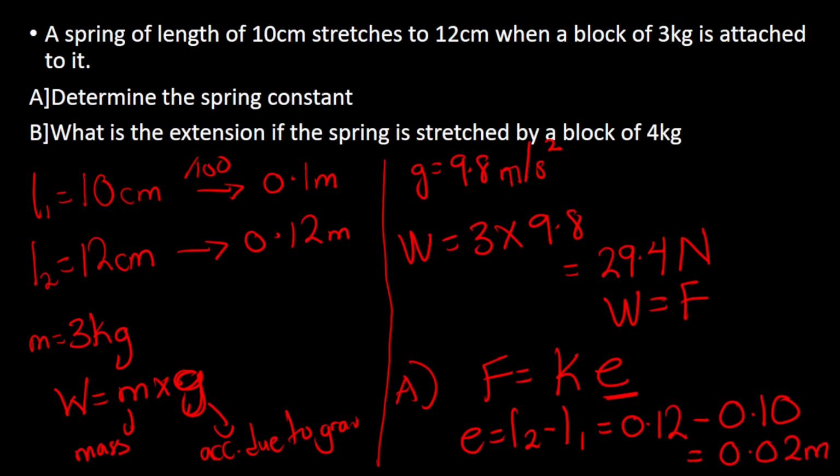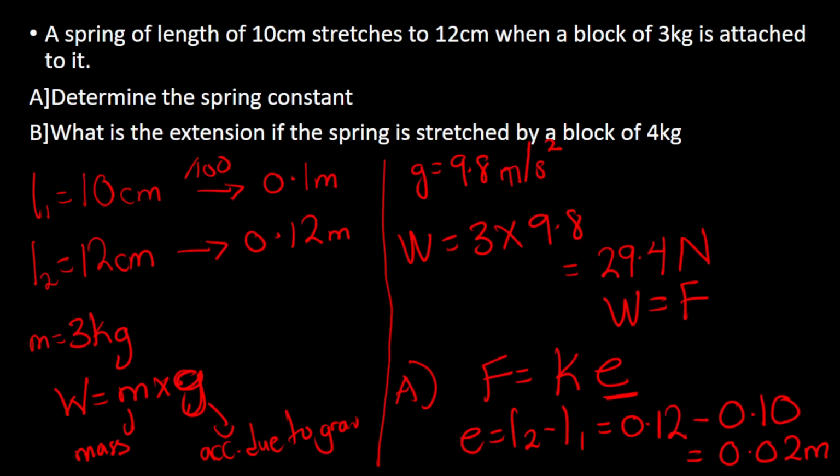Alright, so we have our E, we have our F, let's find our K. Again, F is equal to KE, so our E is 0.02 meter, and our F, if you remember, is 29.4 Newton.